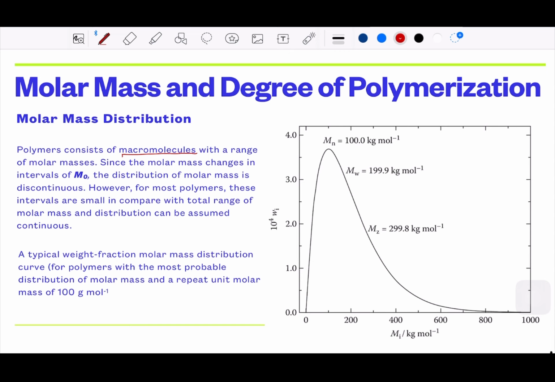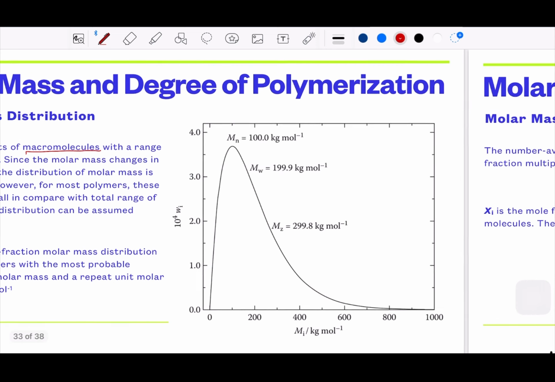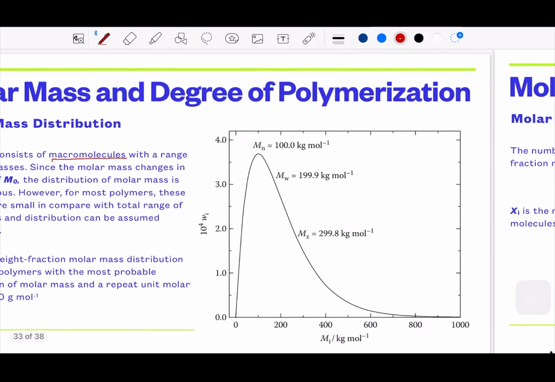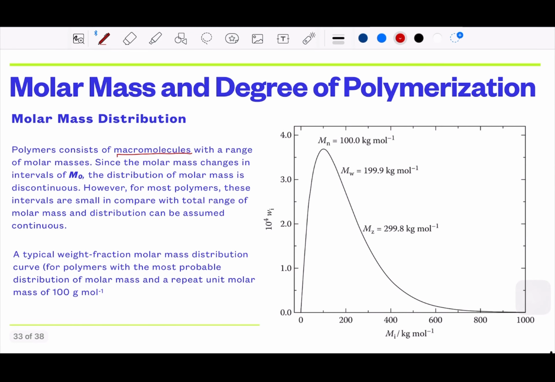So we can have this typical distribution. We will go back to these definitions later, but let me just continue with the formulas first.